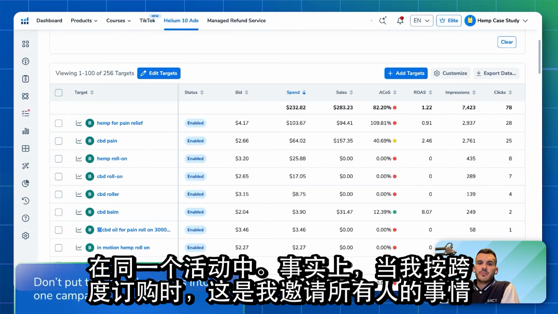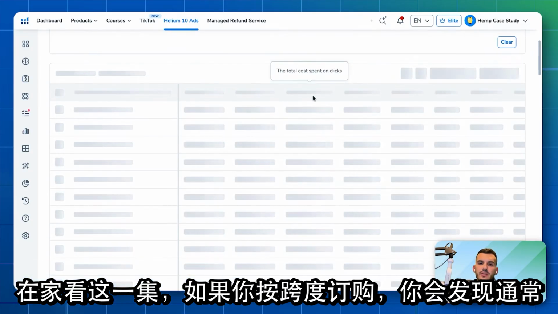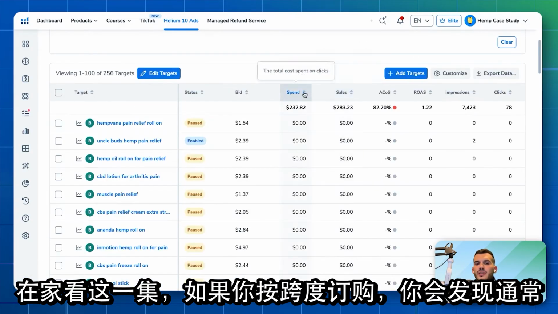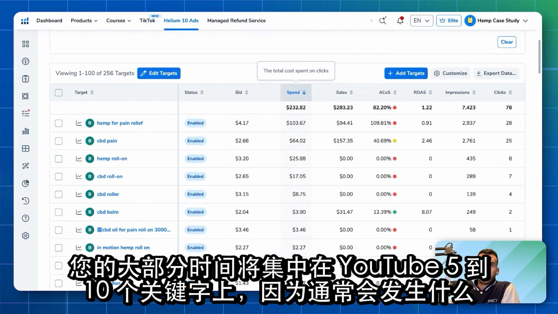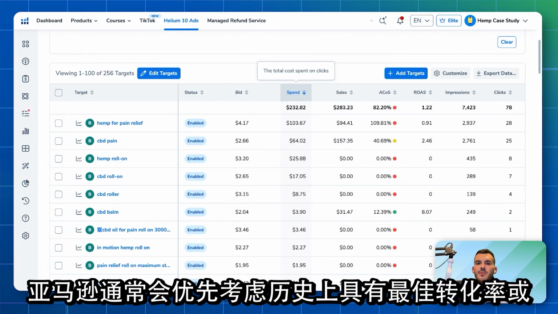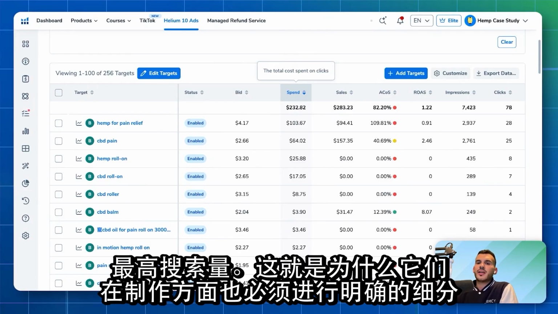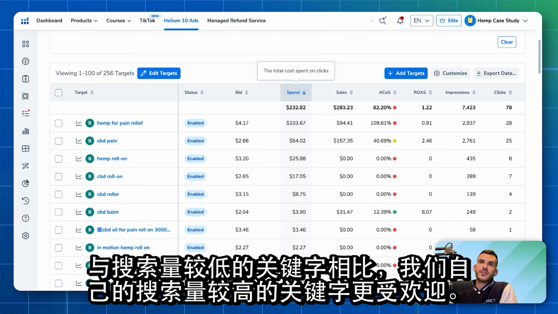In fact, when I order by spend, and this is something I invite everybody watching this episode to do at home, you're going to find that usually most of your spend is concentrated on your top 5 to 10 keywords, because usually Amazon will prioritize the keywords that have historically the best conversion or the highest search volume. So that's why there has to be a clear segmentation, making sure high search volume keywords are on their own compared to keywords that have a low search volume.